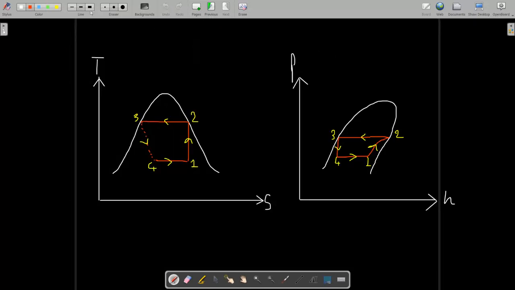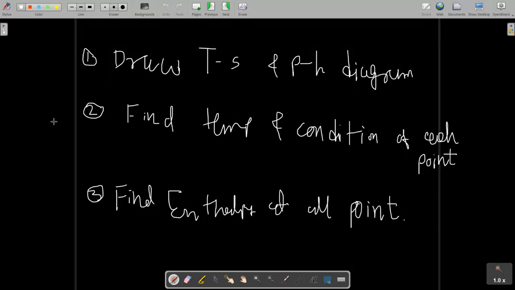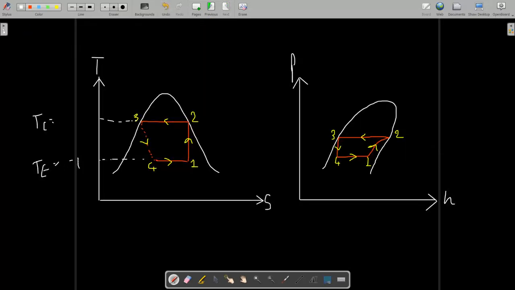So this is the evaporator temperature, and this is the condenser temperature, TE and TC, given as minus 10 degrees Celsius and positive 35 degrees Celsius.